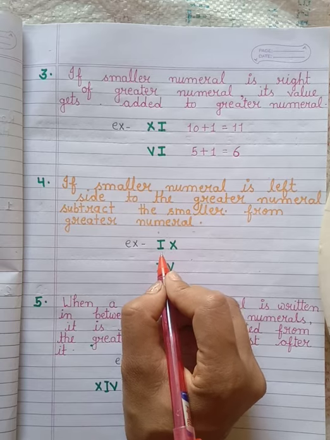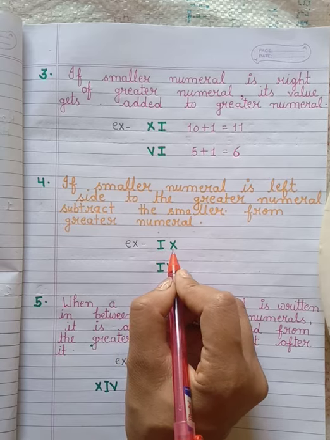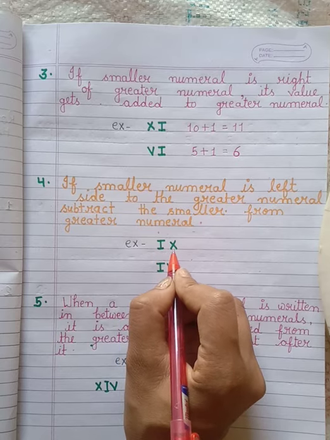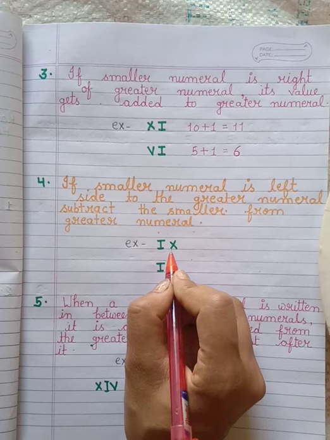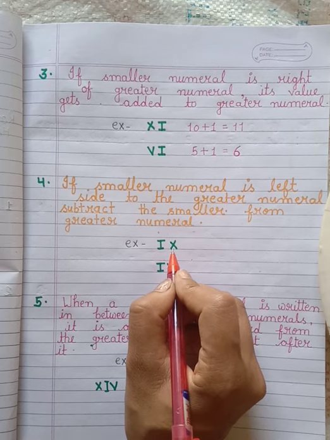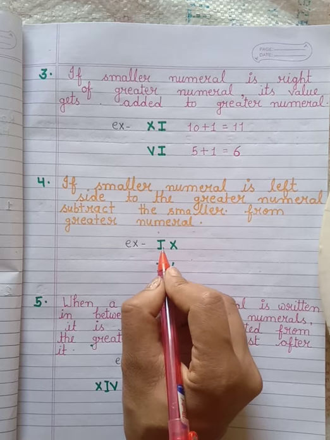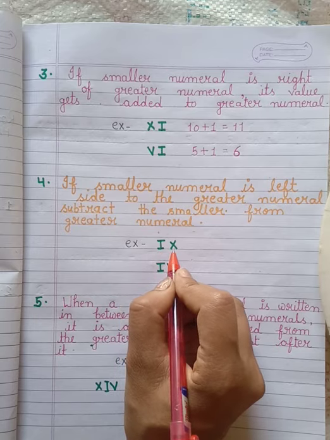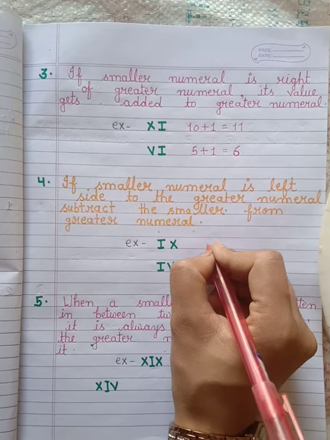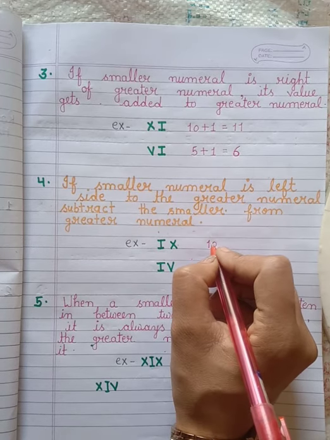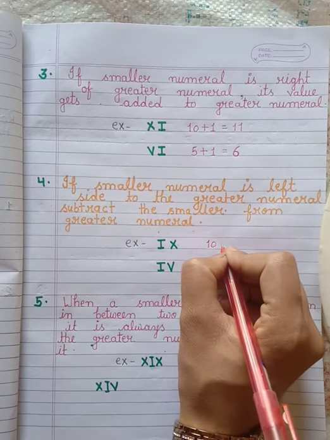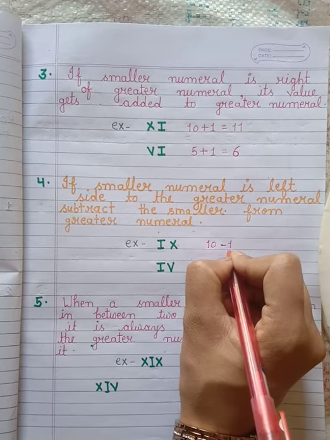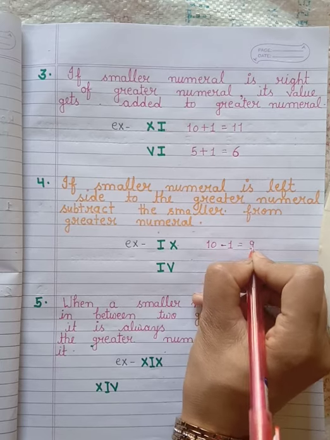Here I is a smaller numeral and X is the greater numeral, and I is to the left of X. So we subtract the smaller numeral from the bigger numeral: X means 10 and I means 1, so 10 minus 1 is equal to 9.